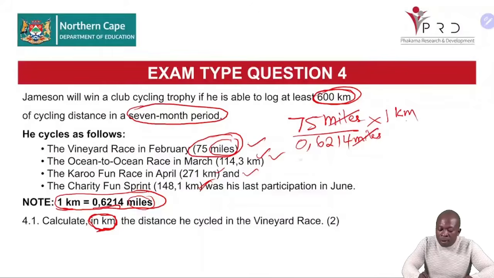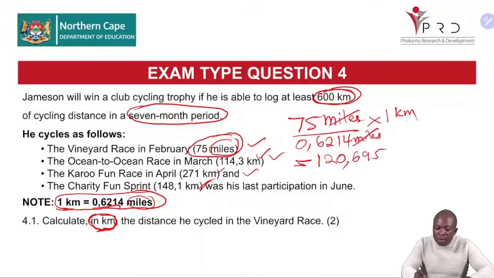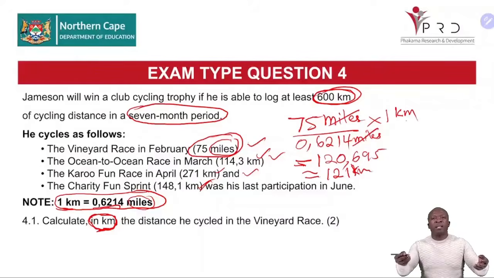You write it down this way: 120.695, which you can easily round to 121 kilometers. If you round it as a whole number, you can easily round it as 121 kilometers.